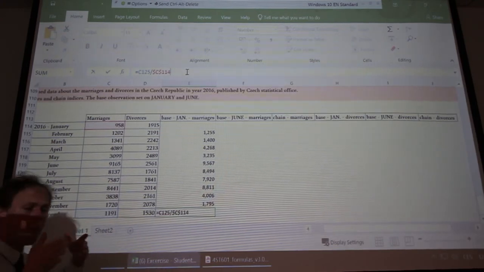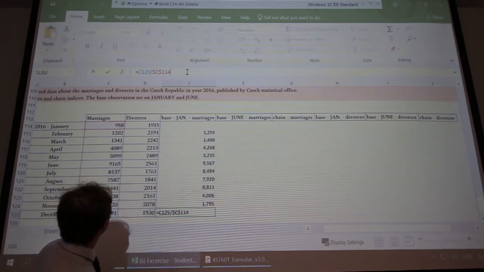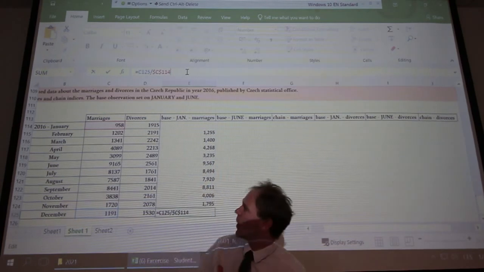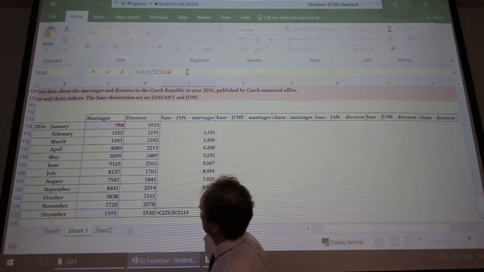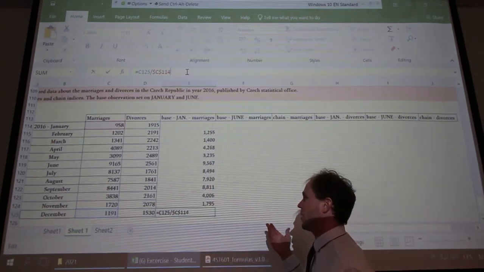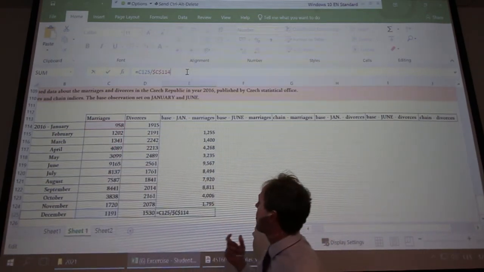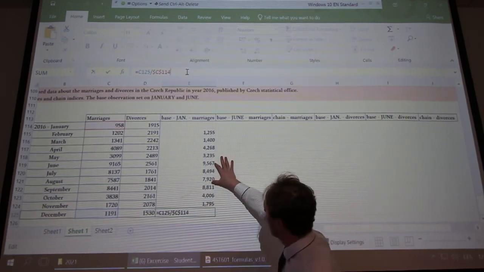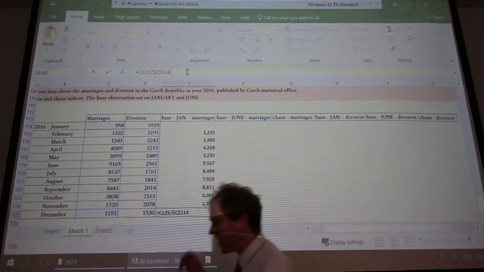The base set on January for the case of marriages is not good because during the winter, for example during January, we don't have a lot of marriages. You can see that there is the smallest number in the table, so it's not comfortable for interpretation these large indices.